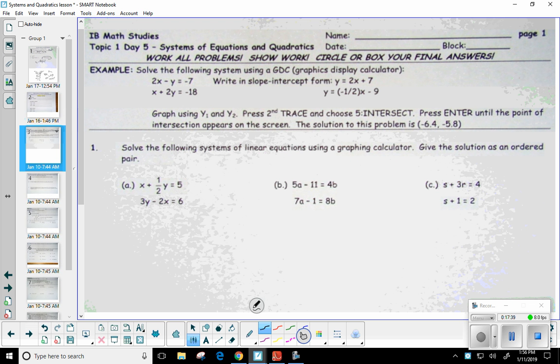Second one. Okay. So let's say I have 7A minus 1 is equal to 8B. The idea behind substitution is I'm going to solve one of the two equations for one of the variables. So this would be B equals 7/8 A minus 1/8.